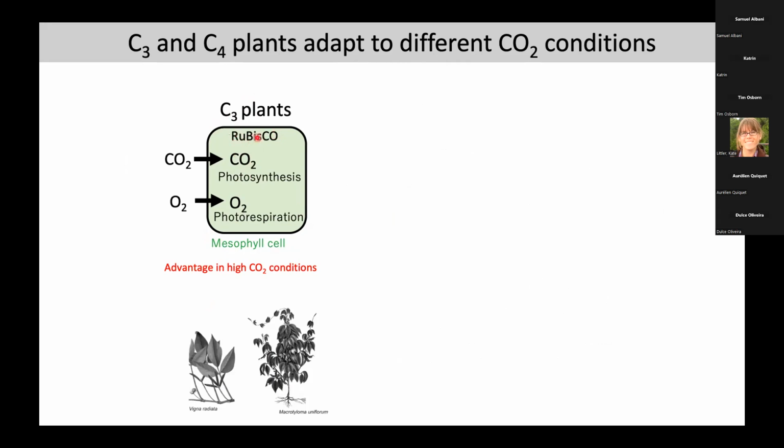But this Rubisco at the same time fixes oxygen in the mesophyll cell and then loses carbon. This is called photorespiration. So in low CO2 conditions, photosynthesis is suppressed compared to photorespiration, so C3 plants cannot survive.